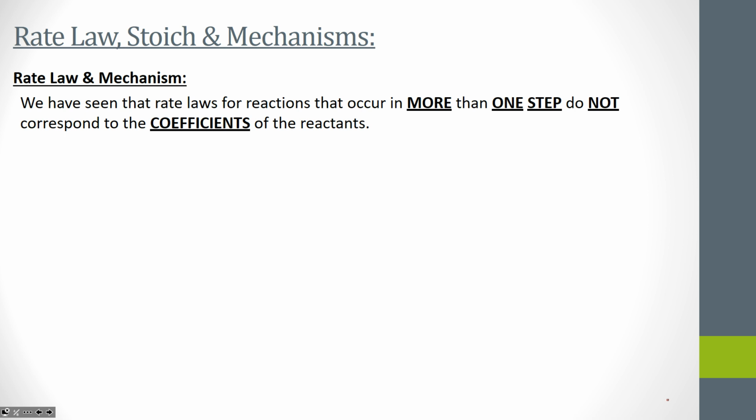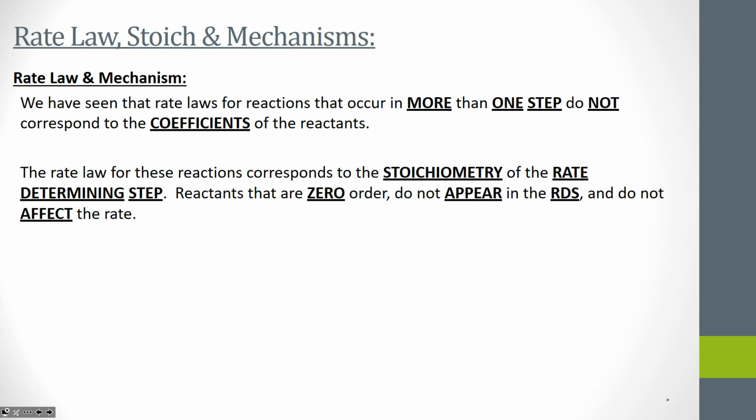You've broken them down into single steps. So the rate law for these reactions will correspond to the stoichiometry of the RDS, or the rate determining step. Any reactants that are zero order must not be in the RDS. Anything that has zero effect on the rate must not be in the slow step. It must be in a fast step.